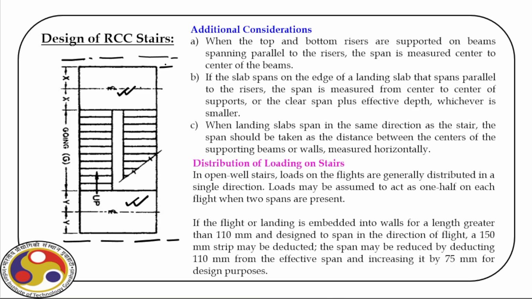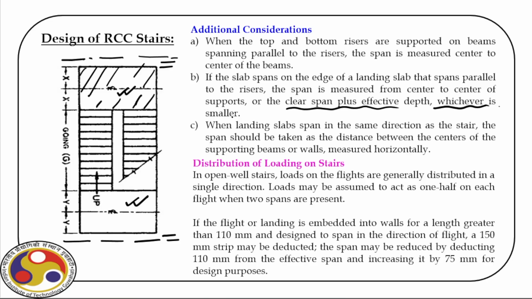Then obviously when we calculate the effective span, we have to consider the center line of this beam, and accordingly identify the effective span. Sometimes these slabs are supported on walls, then there are some additional requirements as you can see here.